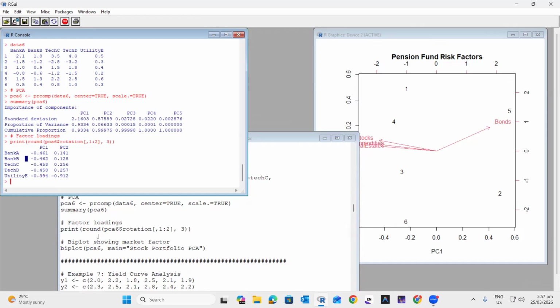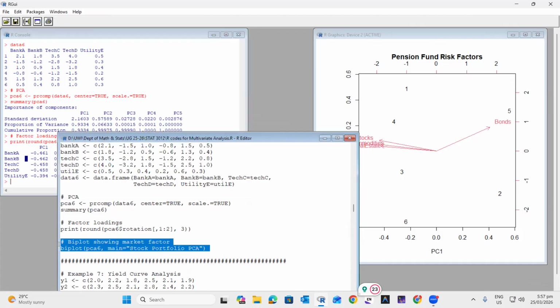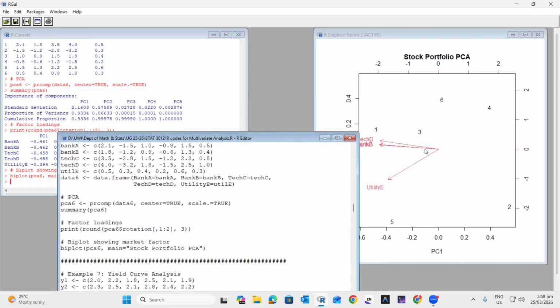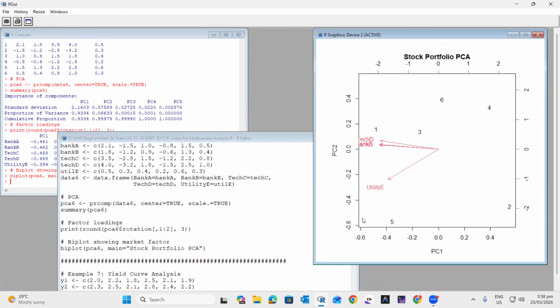And we are going to check the biplot for the market factor. All are on the negative side here. It shows that the bank A and bank B arrows are nearly identical, so the two banking stocks are almost perfectly correlated. They can almost be treated as one variable.